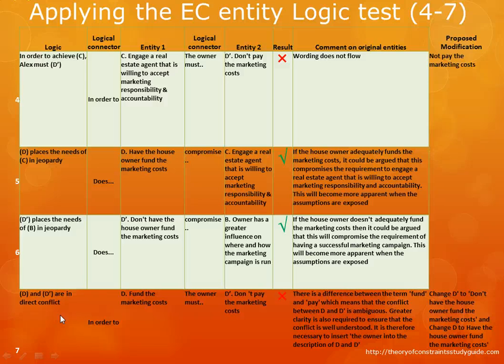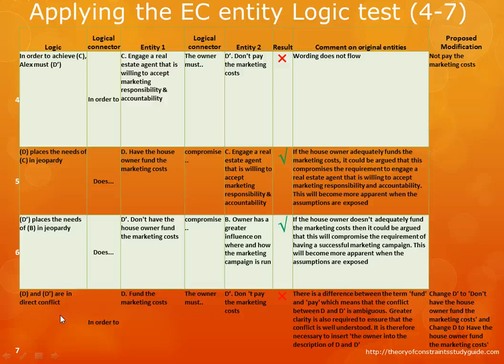So the next two tests are the ones around compromise or jeopardy, and you can see here that it's a cross check. So what we're saying is that D must compromise C. So the question is, does having the house owner fund the marketing costs compromise our ability to engage a real estate agent that is willing to accept marketing responsibility and accountability?